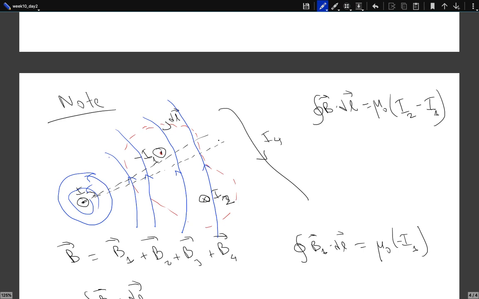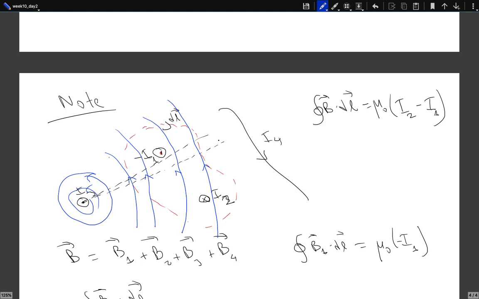So when I multiply B and dl, here B is small, dl is large. Here B is large, dl is small. But when I multiply them, they are the same, but opposite in sign. So the contribution from this one plus the contribution from that one gives me exactly 0 because of this 1/r dependence.